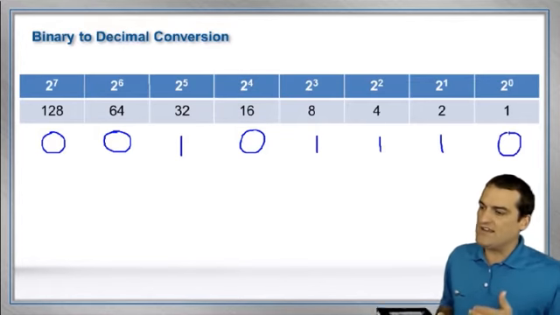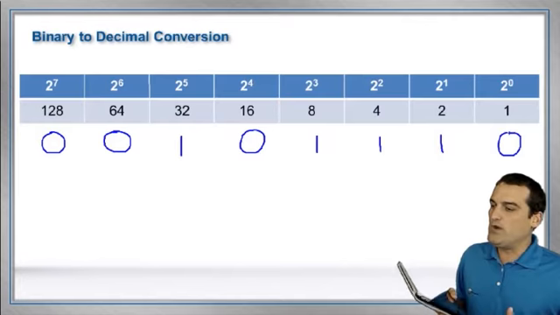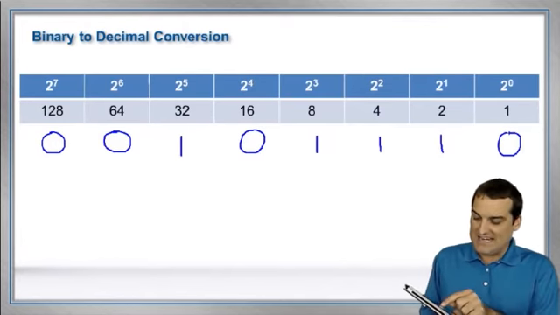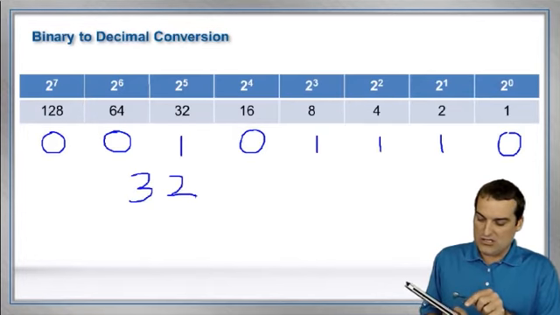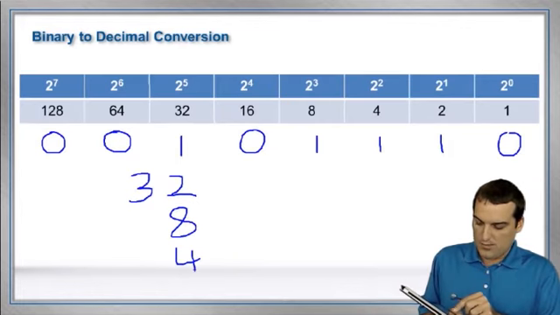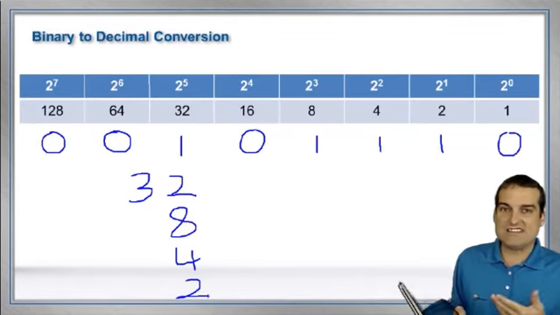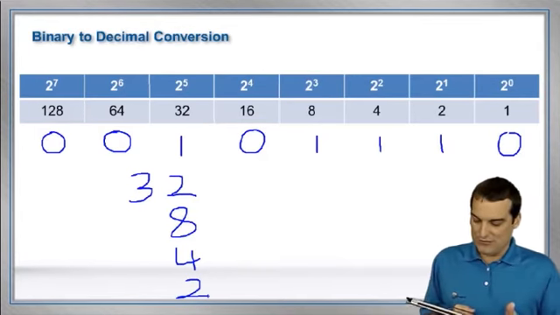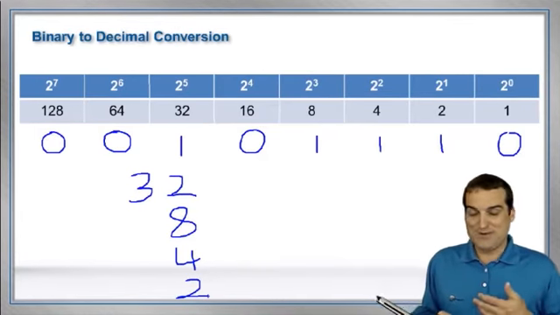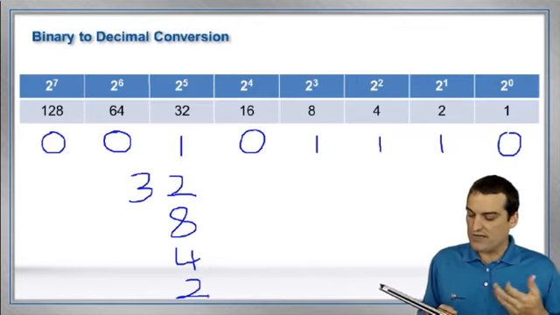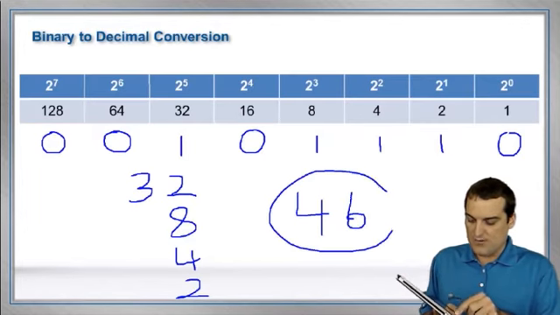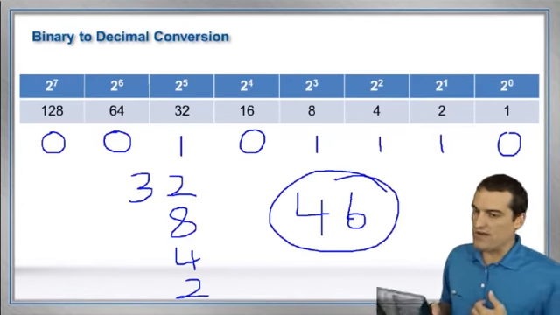We are given that binary number, and we are asked to convert that to decimal. It is easy. We've got 32 plus 8 plus 4 plus 2. It is a simple process of adding up those values. 32 plus 8 is 40, plus 4 is 44, plus 2 is 46. So this number looks like 46.